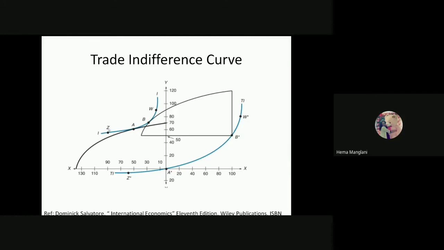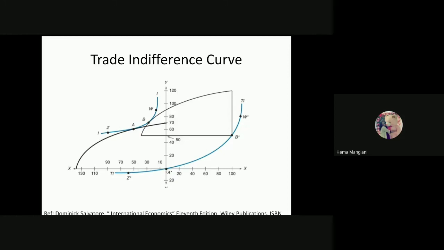It means if we follow on the indifference curve, by the definition of indifference curve, what points we have, Z, A, B, W, these all are showing the same level of satisfaction. Now suppose the country is following the tangency on this particular point A, where their production point and the consumption point are similar, so accordingly we could get this A star point where the trade indifference curve is basically amount to 0.